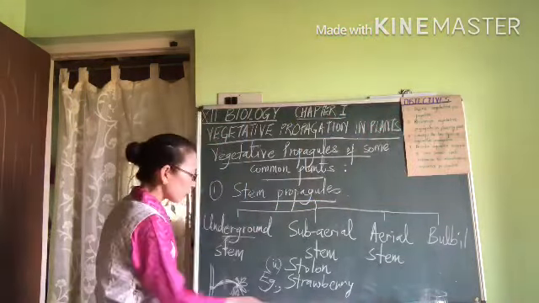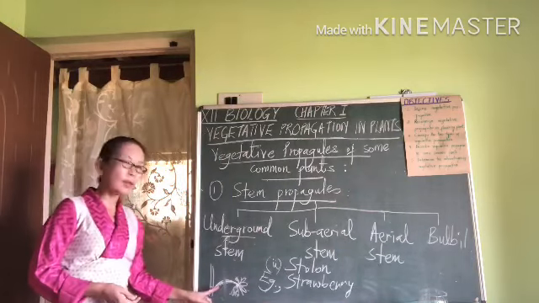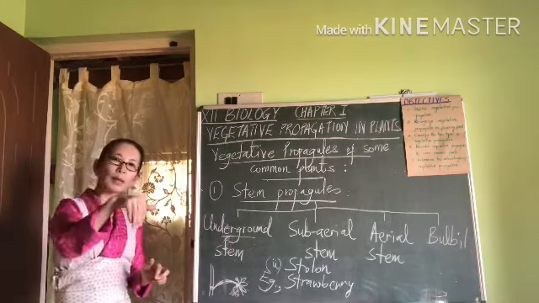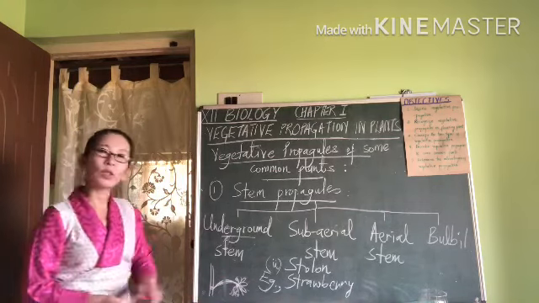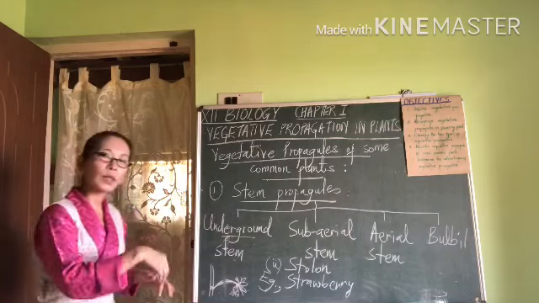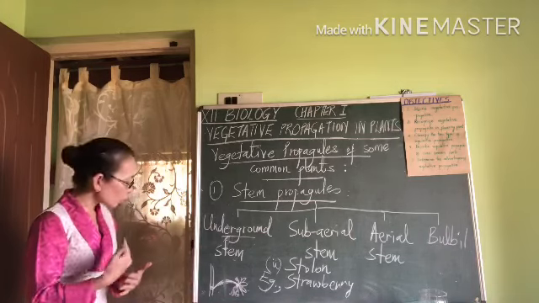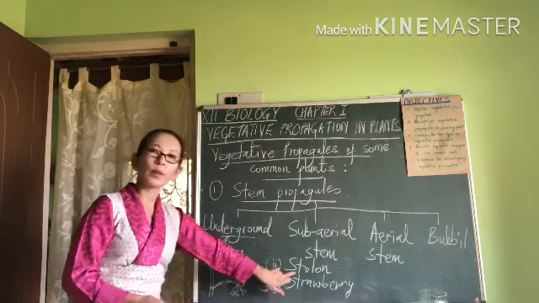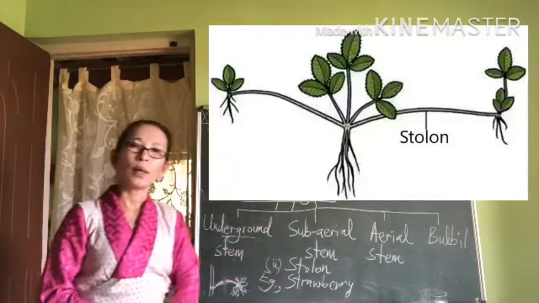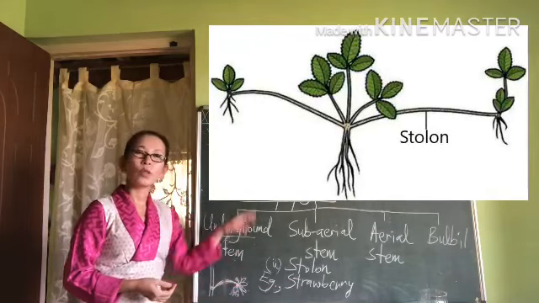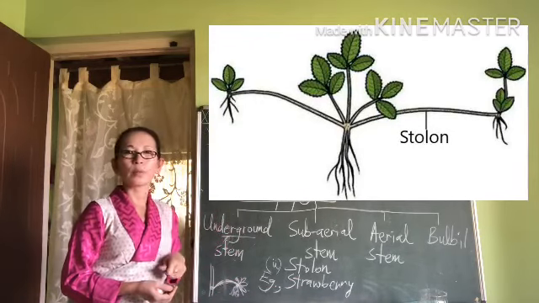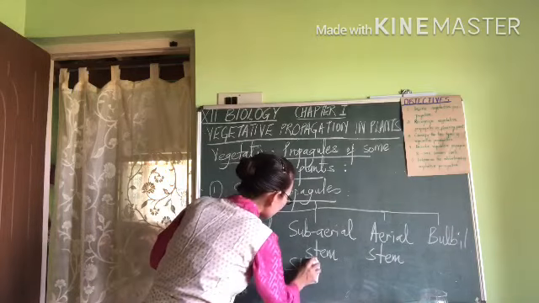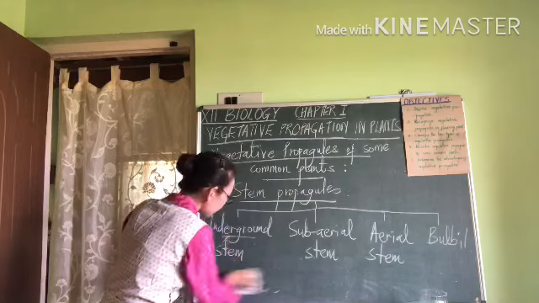So such a subaerial stem, which is a bent stem carrying adventitious roots, and which can then grow out into a new independent plant, is a stolon. Okay, and this is commonly seen in a strawberry. To get a better idea, you can also check the image here. All right. So this is our second type of subaerial stem.